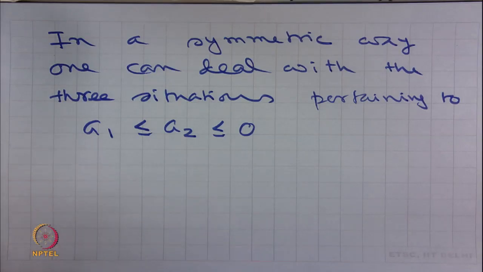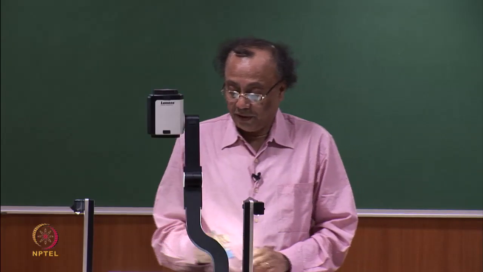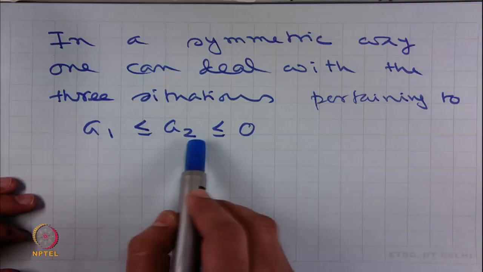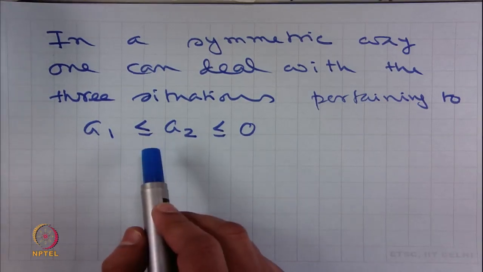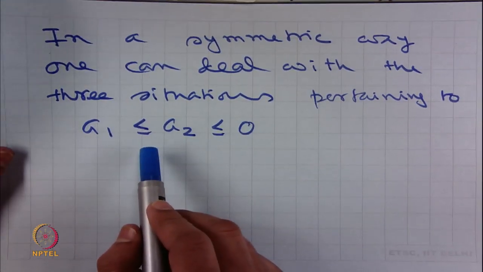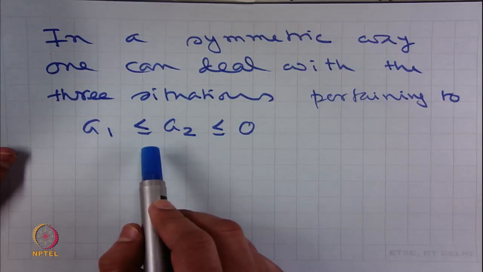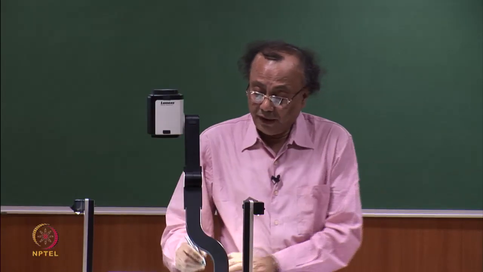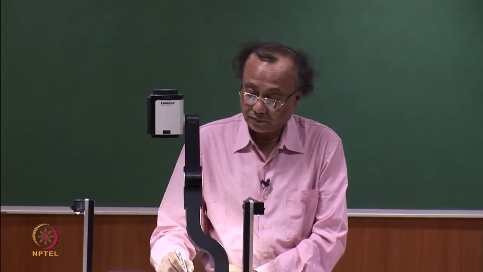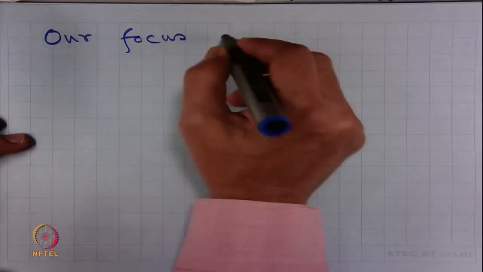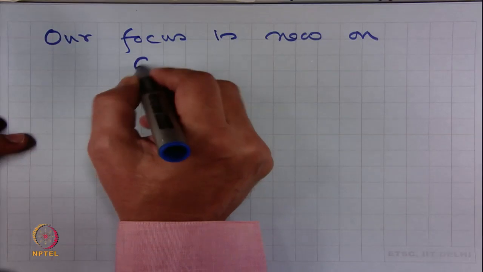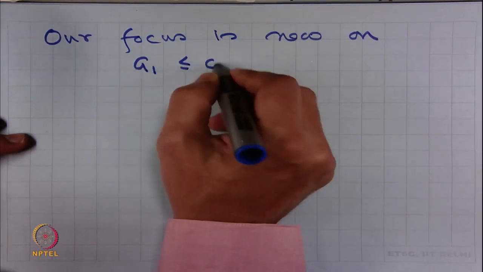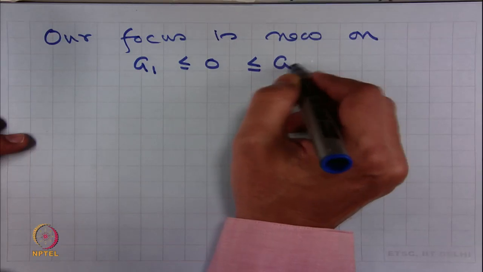Very similar to the case that we have seen, because in earlier case they were all positive, now they are all negative. So, I leave it as an exercise to see when solution will exist and when it will not. So, our focus is now on A1 less than equal to 0 less than equal to A2.